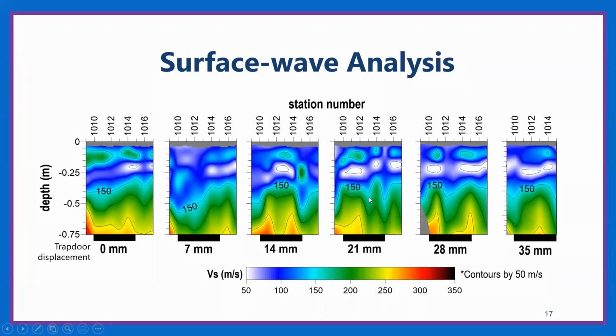Continuing to move the trapdoor downwards again, relative to this third image, we still see some increased velocity above the trapdoor on the left side, but we see relatively slightly decreased velocity on the right side, so an uneven distribution of velocity across the trapdoor.